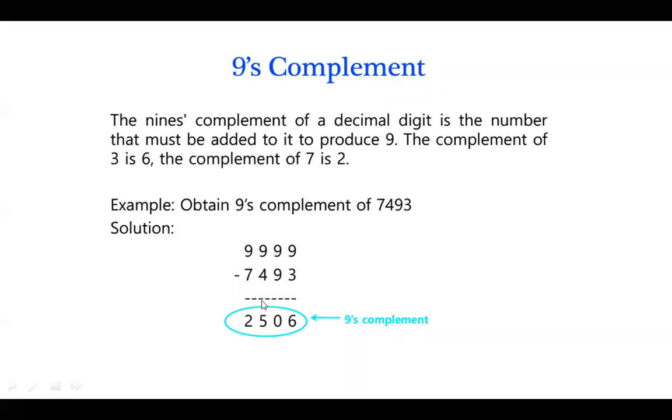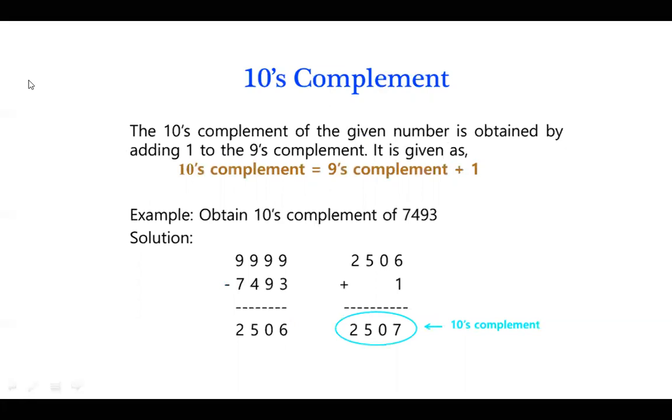Similarly, you can do the hexadecimal complementation also. So you have the 15's complement also you can do in the similar method. So this is 9's complement. And what is 10's complement? 10's complement will always be 9's complement plus 1.